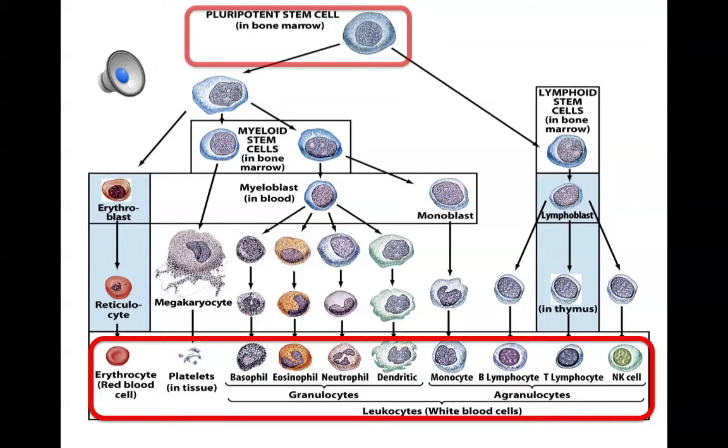Pluripotent hematopoietic stem cells go through transformations based on chemical signals of interleukins and various other kinds of cytokines.